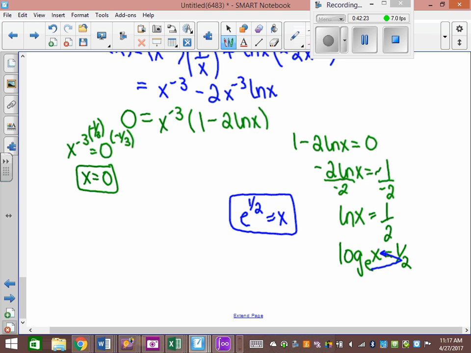And you have your critical numbers. To get rid of negative 3, you raise it to its reciprocal, which is negative a third, because 3 times a third is 1. What you do to one side, you have to do the other side. Yes, but if you're actually showing the math, that's how you show the math.